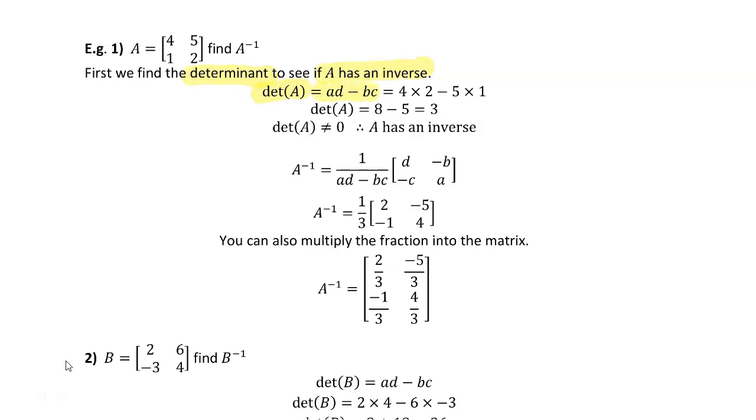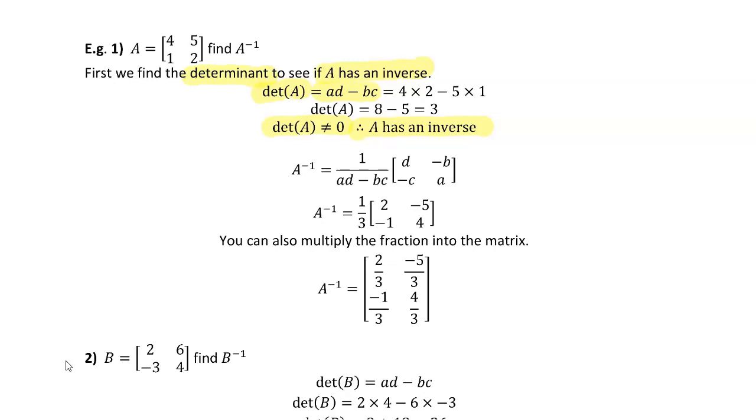So we've got 4 times 2, take away 5 times 1. All right, so our determinant is equal to 8, take away 5 equals to 3.